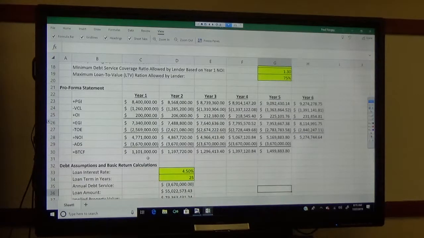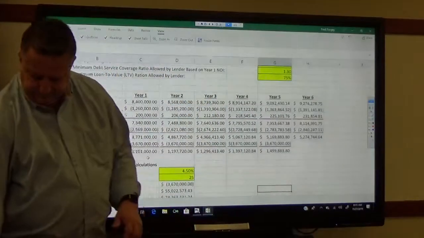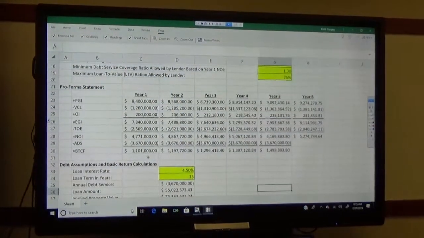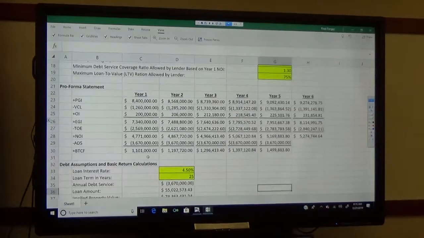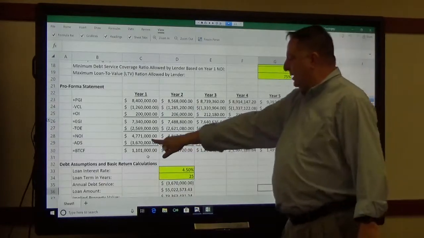You're going to take the $4,771,000 divided by 1.3. So let's see what we get. You should get $3,670,000. Does that match up with what we've got up here? Yeah. Okay, so that's where that number is coming from.